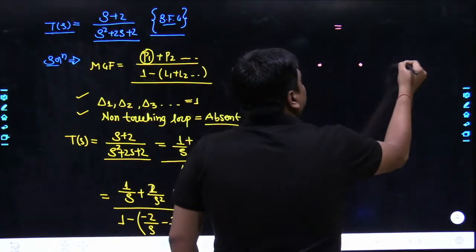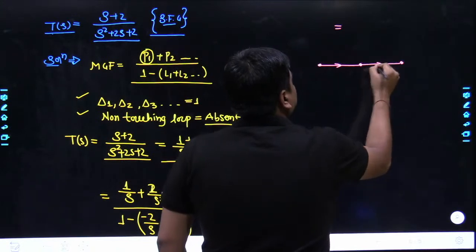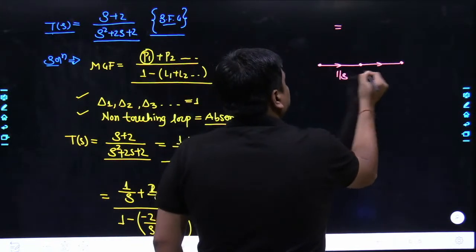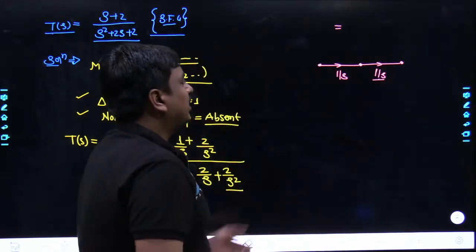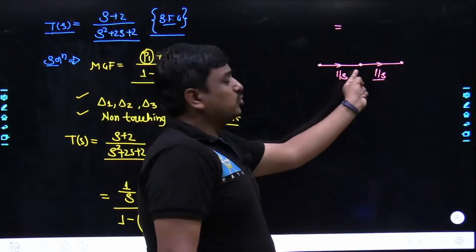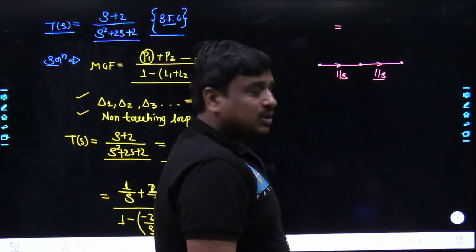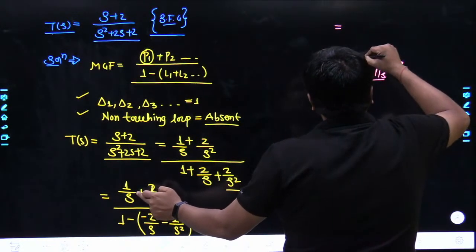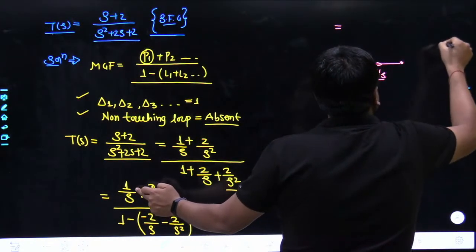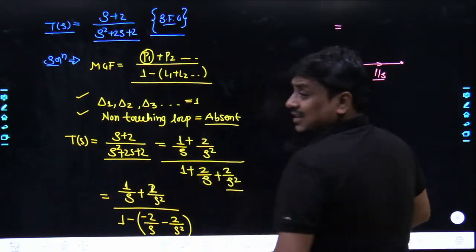Deliberately I have chosen 3 nodes, and between individual nodes the transmittance is 1 upon S. Between this node and this node the gain is 1 upon S, and between this node and this node is 1 upon S. In future I would take an additional branch connecting to the output, taking the gain of 1, which is going to decide your output.